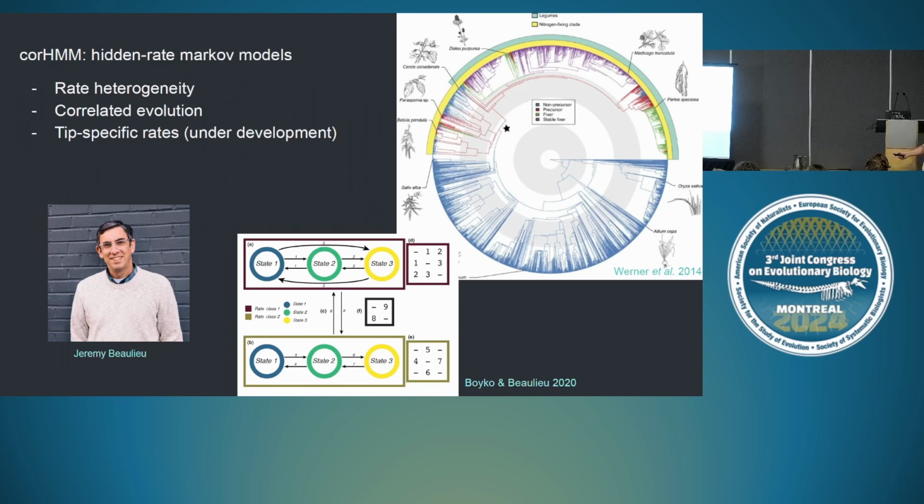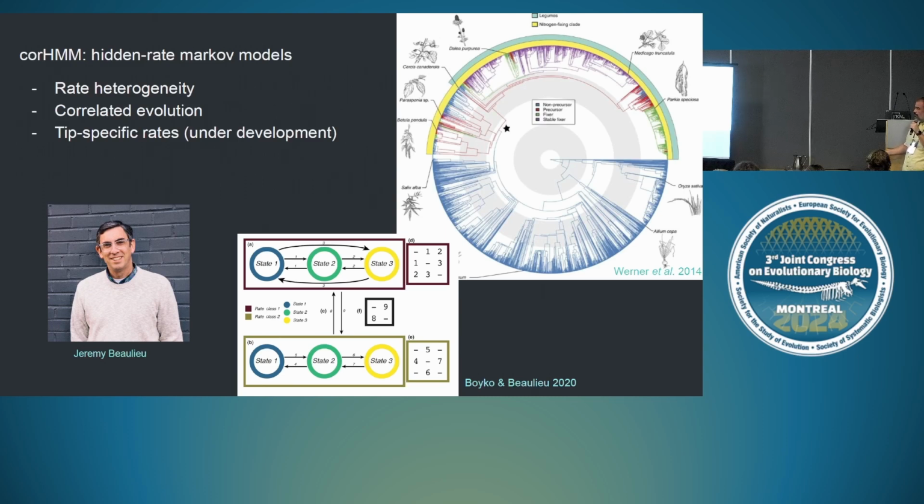One way would be to use hidden rate Markov models that could not only estimate rates for the explicitly mapped trait, but also try to understand what is going on within each of these categories through hidden rates, which would allow us to incorporate this rate heterogeneity that I told you about.